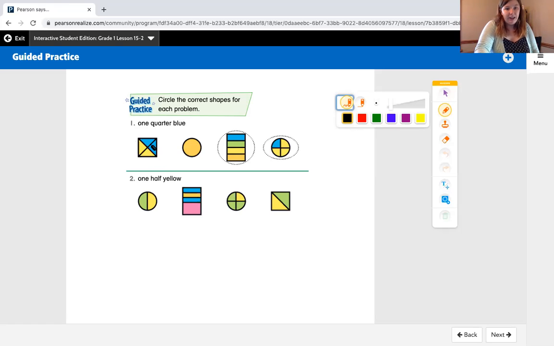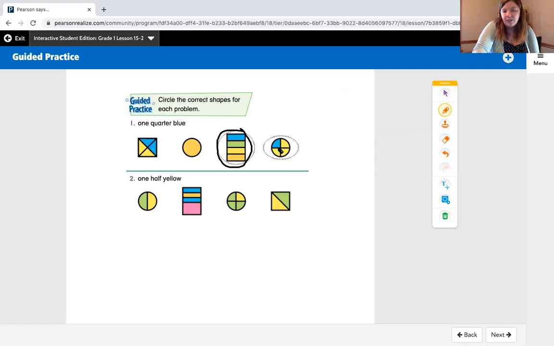I see this one has 2 blue, so half of the shape is blue, and that's not what we are looking for. This one is all yellow, so we are not looking for that one. This one has 1 section that is blue. 1 out of 4 sections, or 1/4 of the shape, is blue.